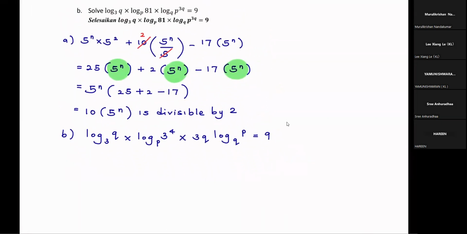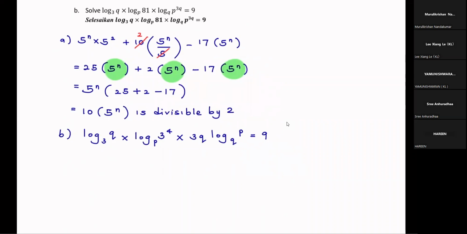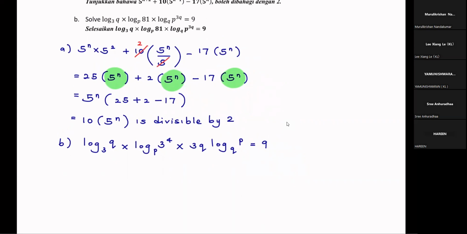Log 3Q times with the log Q P81 times with the log Q P3Q equals to 9. Okay. Kenapa saya punya pensel jadi apa pula?